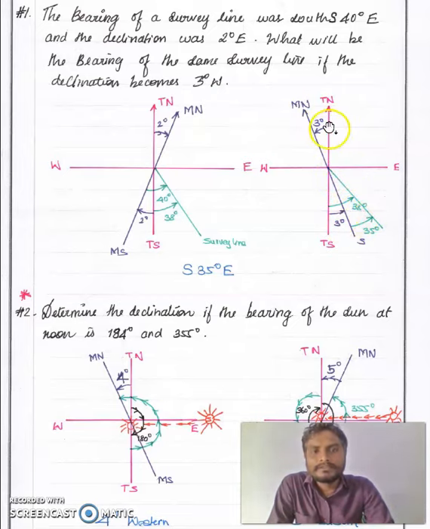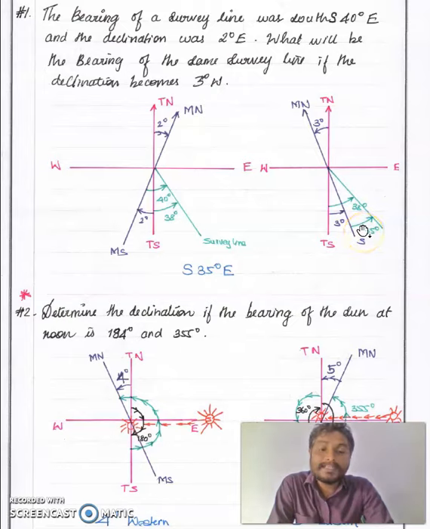Okay. So this is 3 degree, and with respect to true south this is also 3 degree. Already we found that the true bearing never changed. True bearing is 38 degree. This is 3 degree. Now we have to find the magnetic bearing of the survey line.